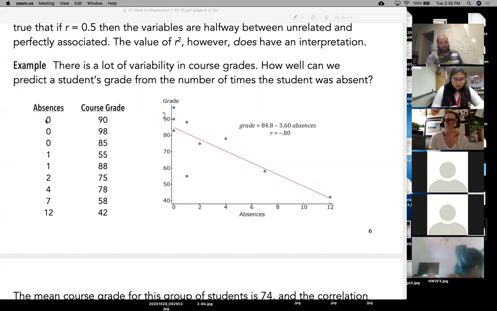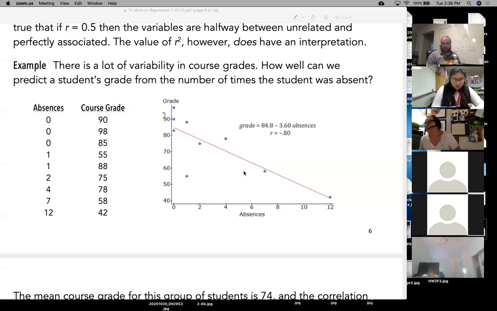So what we have here is 9 students. The first 3 had no absences. These are their grades. 1 absence, these are their grades. 2 absences, this is their grade. 4 this, 7 that, and so on. And we plot them all. Does it seem reasonable that as the number of absences increases, as a general rule, the grade drops? Does that seem like a trend that makes sense?